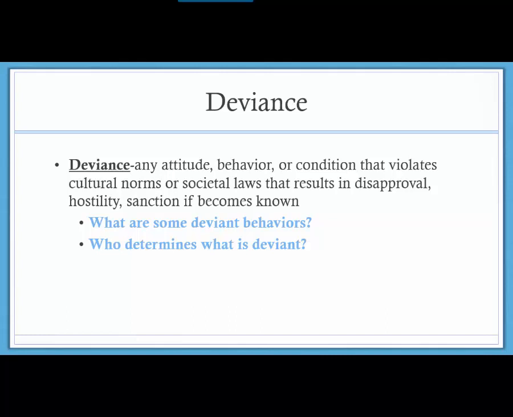Now, who determines what is deviant in society? For the most part, this is the larger dominant society. And this goes back to that culture chapter where we talked about the challenges of living in a multicultural society, what your book called culture wars, or culture clashes. Sometimes a subculture might hold up a behavior or value as being normative, but dominant culture feels very differently about it.